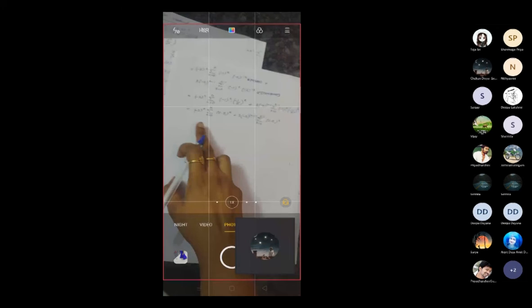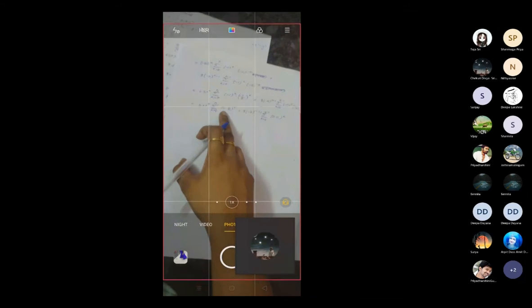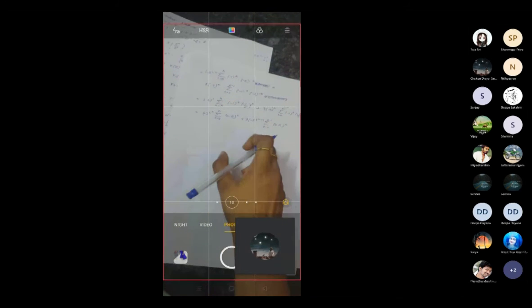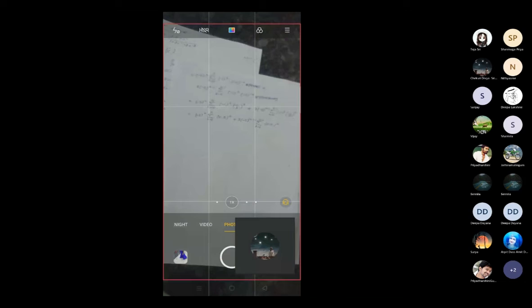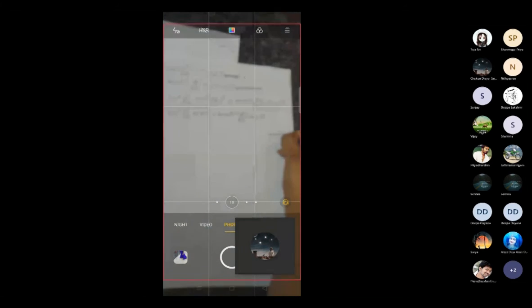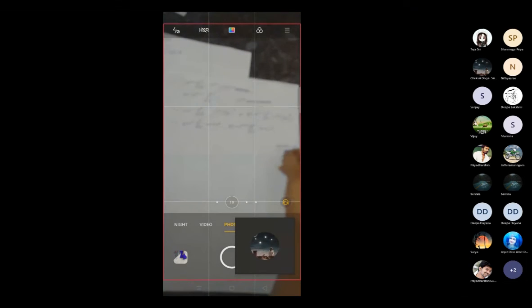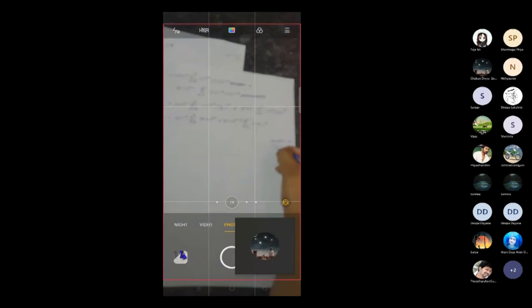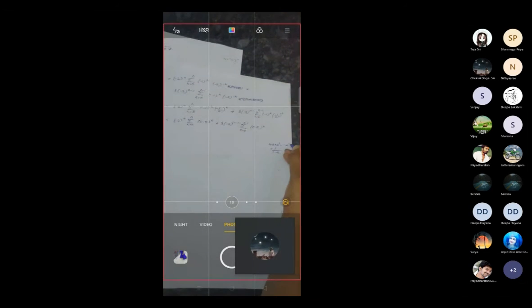Okay. So after this one you can expand. If you expand, you will get 1 plus a squared up to n terms. Normally you will get up to infinity. So 1 plus a squared up to infinity means you will write 1 divided by 1 minus a. Here what is the value? Up to n.